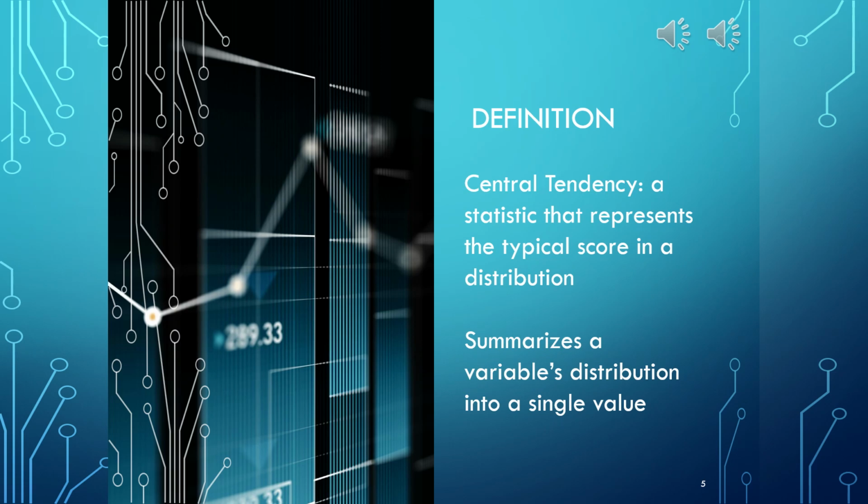And remember, when we use the term distribution, we're just talking about a set of numbers. Typically, we're talking about the set of numbers for a particular variable that you're measuring in your sample. Maybe it's extroversion, and so the distribution is going to be all of the extroversion scores for each of the people in your sample.